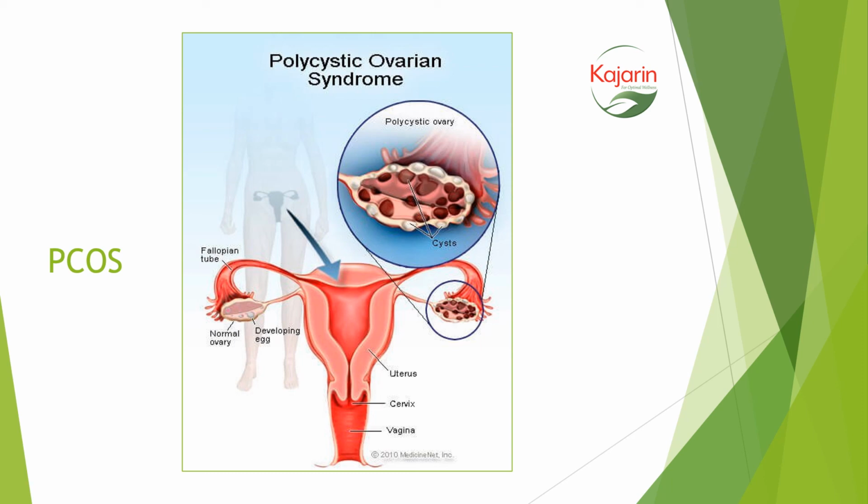The eggs still begin the process of developing and maturing each month, particularly the one that has been selected each month, but are never released. This leads to many cystic follicular cysts sitting in the ovaries. You end up with a condition called Polycystic Ovarian Syndrome.